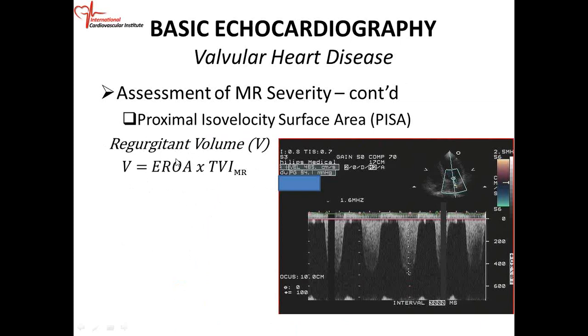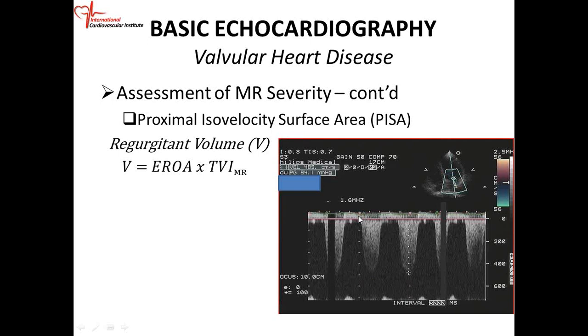So the volume is the area times the TVI. The area where the regurgitation is occurring is the EROA. If you multiply that by the TVI, you get your mitral regurgitant volume.